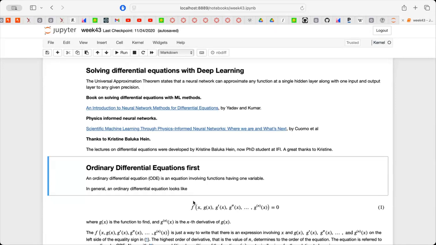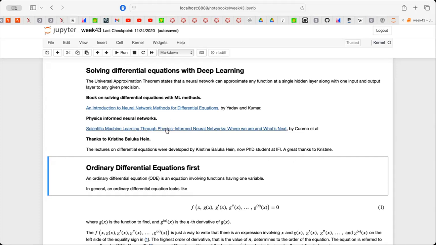Now, this is a very, very active research field, and you will find many different research articles on the implementation of neural networks and solving differential equations, whether these are ordinary differential equations or partial differential equations. A field which is extremely important nowadays is a field which has been dubbed physics-informed neural networks.